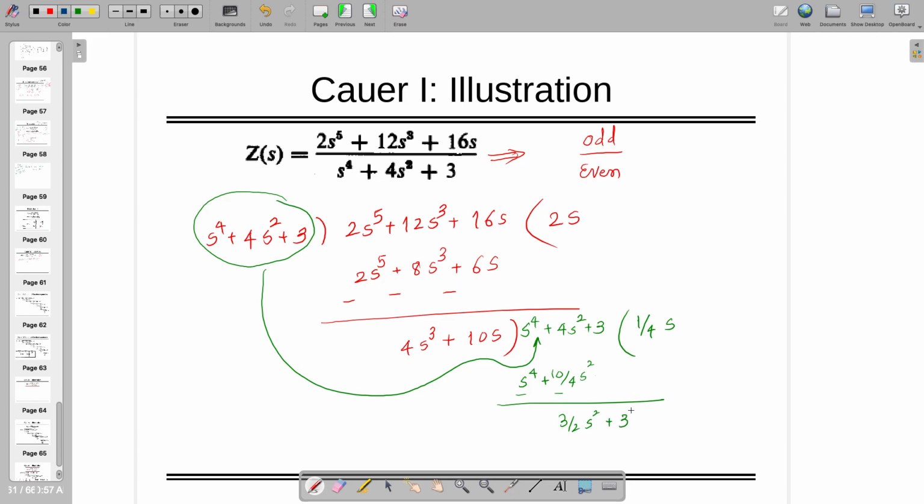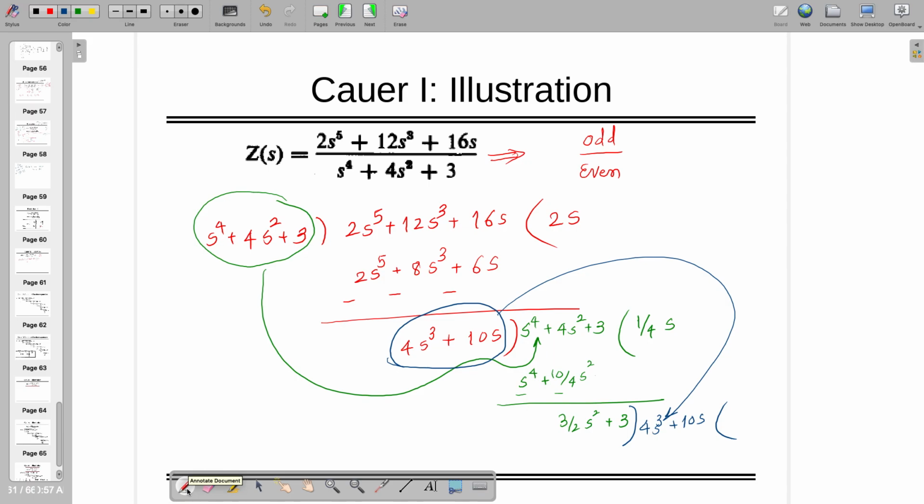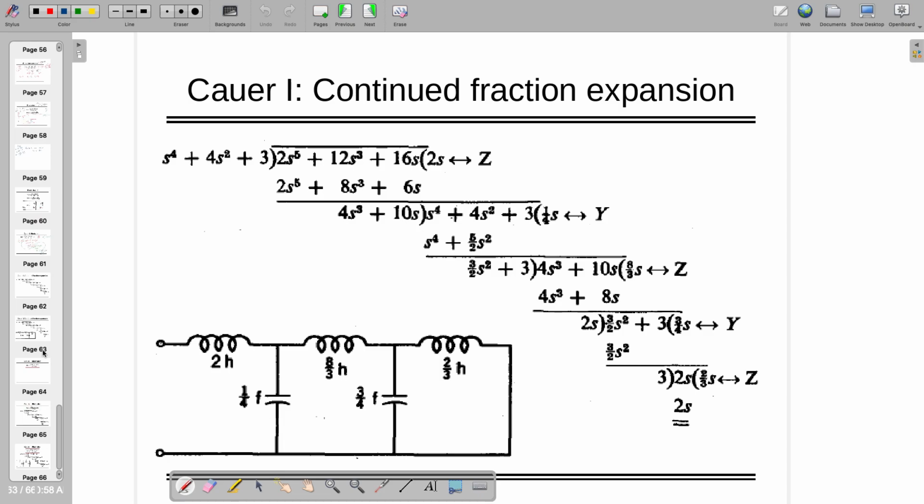Again, this is not 0, so take this one, keep it here. Right? So you have to manage it.